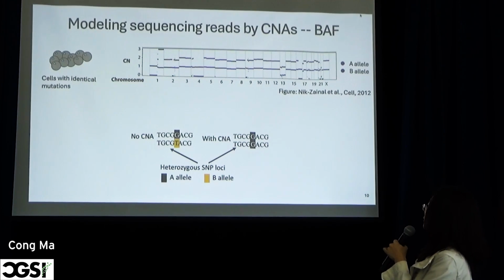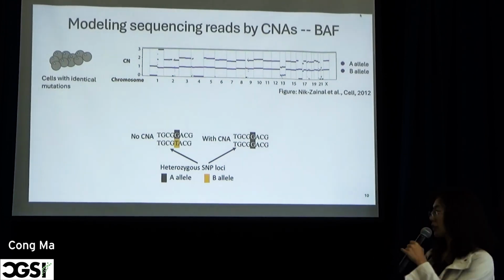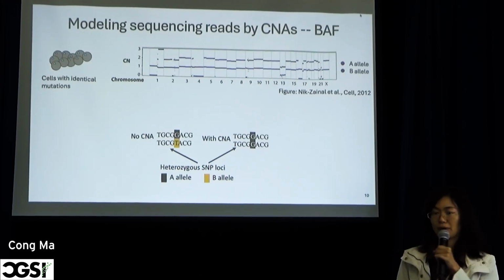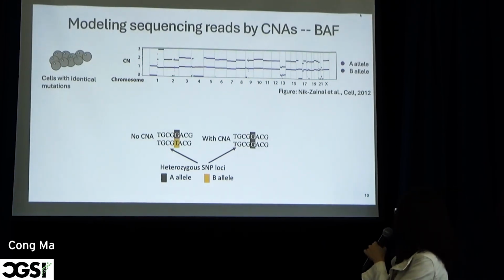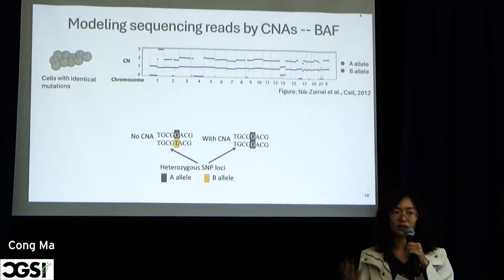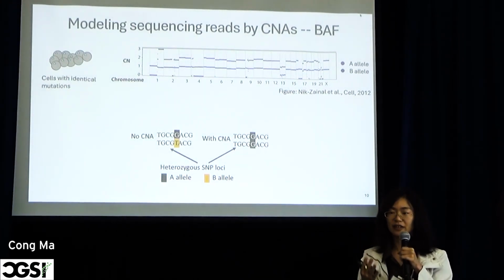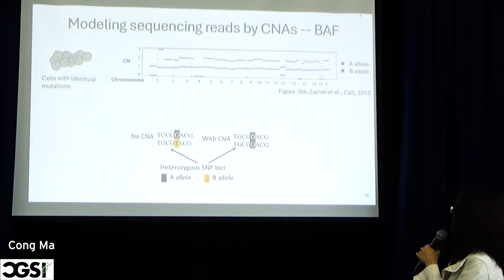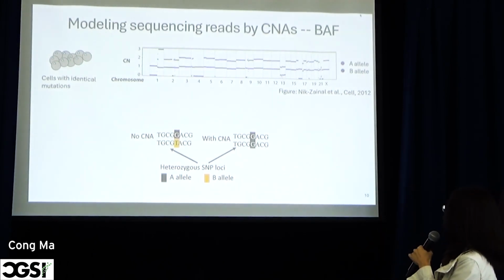As said, we want allele-specific copy number. So how to distinguish between alleles? People have used heterozygous SNP loci to distinguish between the two parental alleles. Heterozygous SNP loci means the mother allele and father allele are different. They're heterozygous by nature, when they're born, and without copy number aberrations.